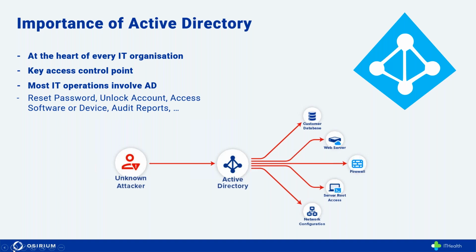But because it provides the identity verification for most organizations, when you log into Windows, Windows goes off to Active Directory to confirm your username and password are correct and that you're allowed to log in. If something goes wrong with Active Directory, you can stop people from getting their work done.